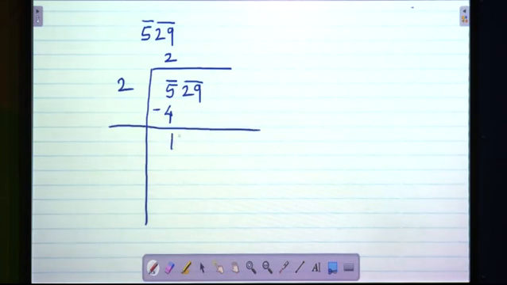Next group of numbers, that is 29. The dividend is becoming 129. I guess you are understanding, because 1 square is 1, 2 square is 4, 3 square is 9. So, 3 square 9 is greater than 5 and 2 square 4 is less than 5. So, it is nearby to 5 also.